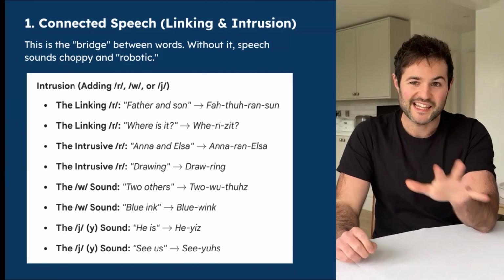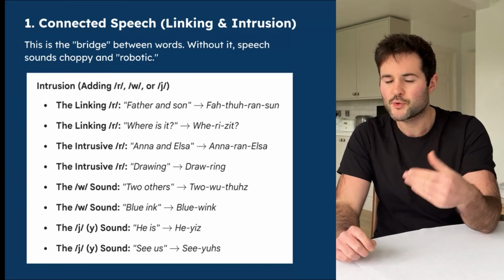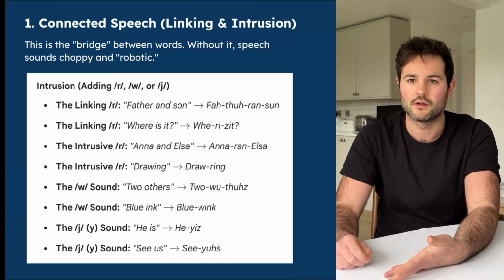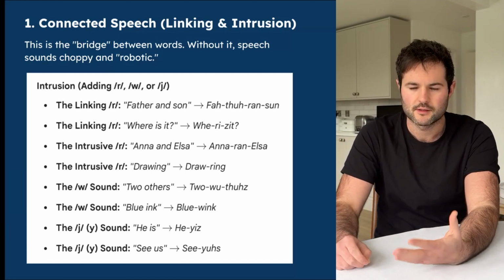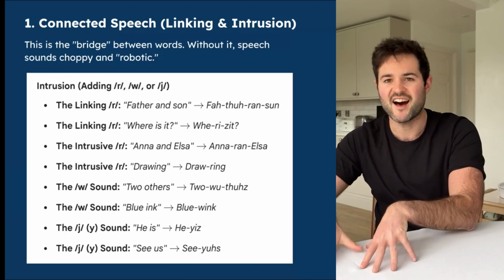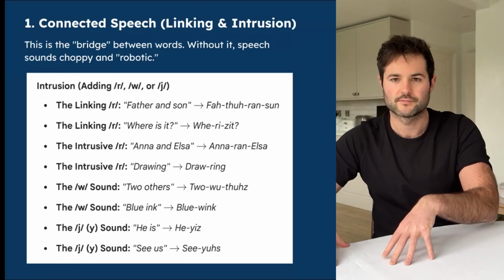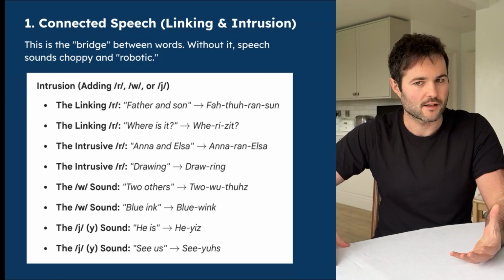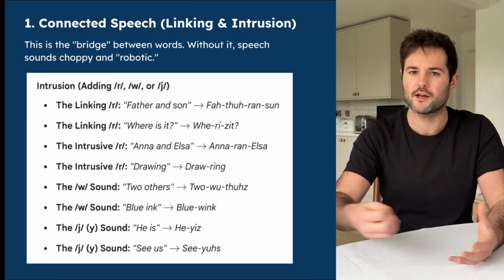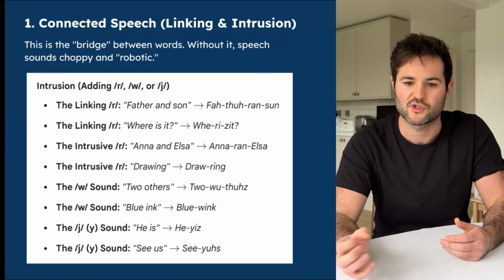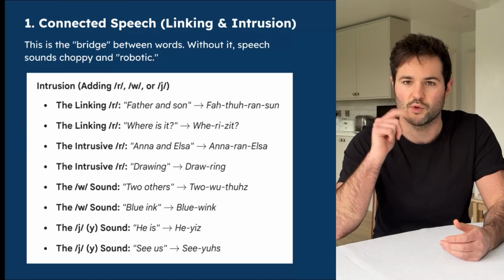Now we've gone over the linking and intrusive R. Let's continue with the W sound. So, two others. When we pronounce it a little bit faster, linking it, it becomes two-wothers.